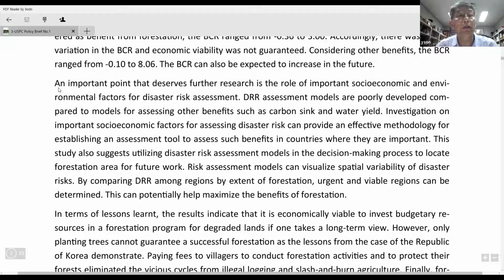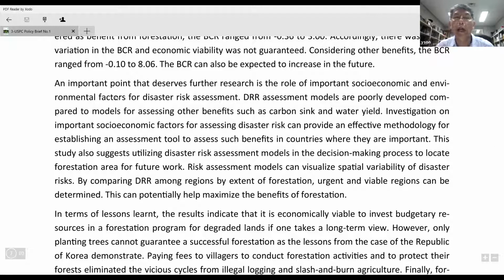And the next sentence, an important point that deserves further research is the role of important socio-economic and environmental factors for disaster risk assessment. Again, many factors are influencing benefits after reforestation, especially socio-economic and other environmental factors are important for disaster risk assessment.